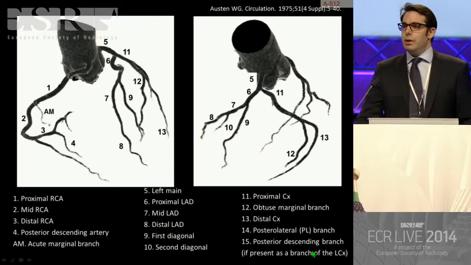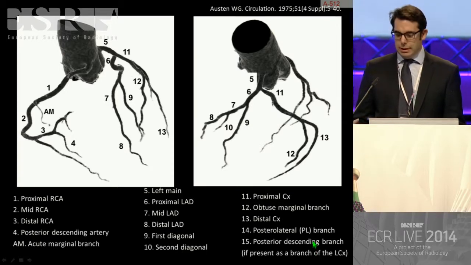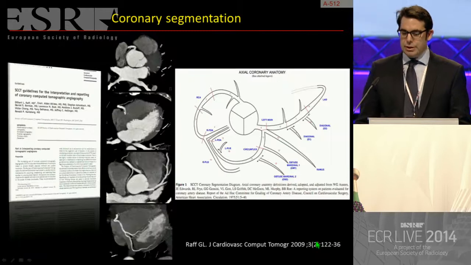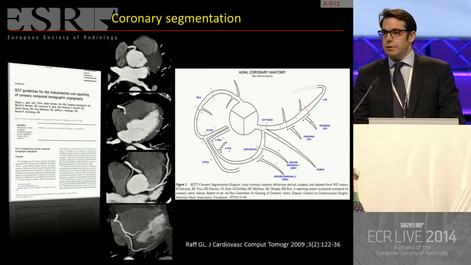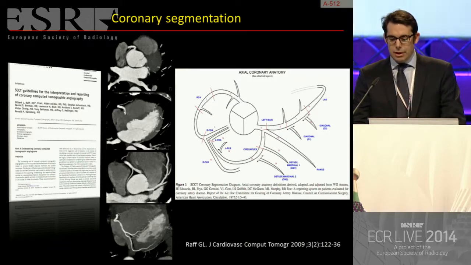If you want something more current that we can use nowadays, you can use this one, which is proposed by the Society of Cardiac Computed Tomography. Instead of 15 segments, the coronary vasculature is divided in 18 segments, and this is according to the CT imaging modality.